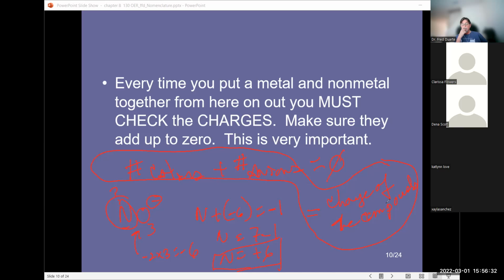And like I stated, there are some problems in the homework with hypothetical formulas and compounds, and they want you to calculate the oxidation state for these hypothetical atoms, okay? In general, 100% of the time, you should get a positive whole number, but with the hypothetical examples, it's possible to get quarter charges, okay? Just keep that in mind when you're looking at the homework.